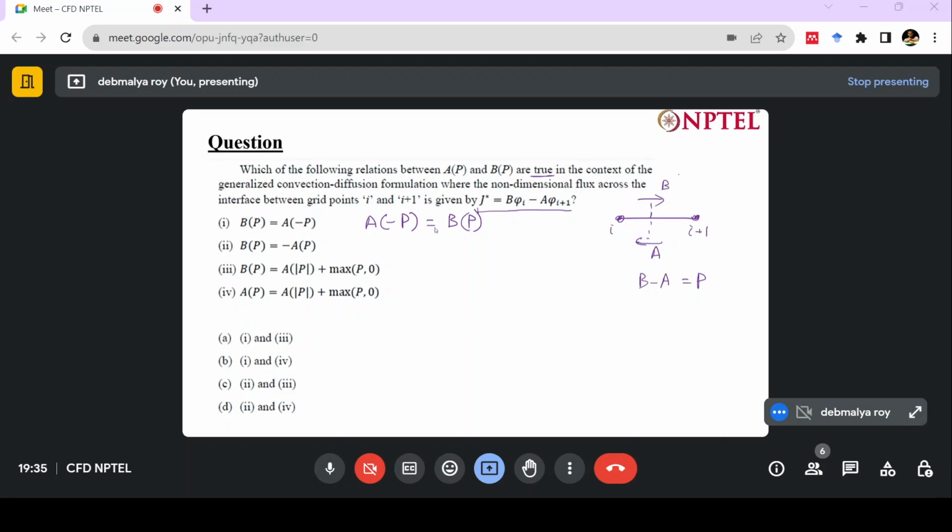The diffusion will be the same amount for both of them, but only the advection magnitude has reversed, so they will simply swap the values. Is this clear?